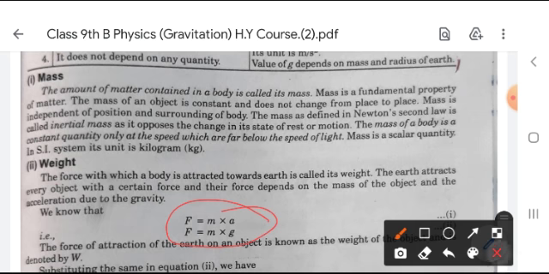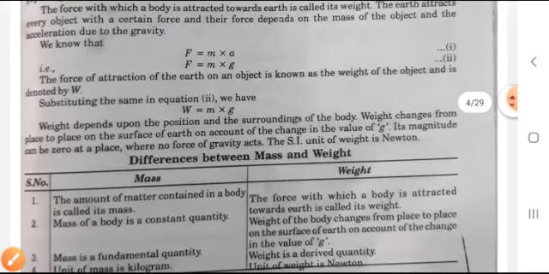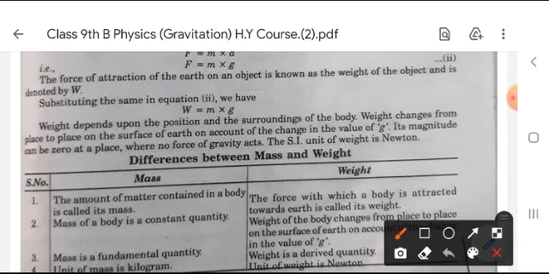That is also denoted by W. It means you can also write W = mg. What is W here? W is weight, m is mass, and g is gravitational acceleration. So the unit of weight is newton because it is a force.